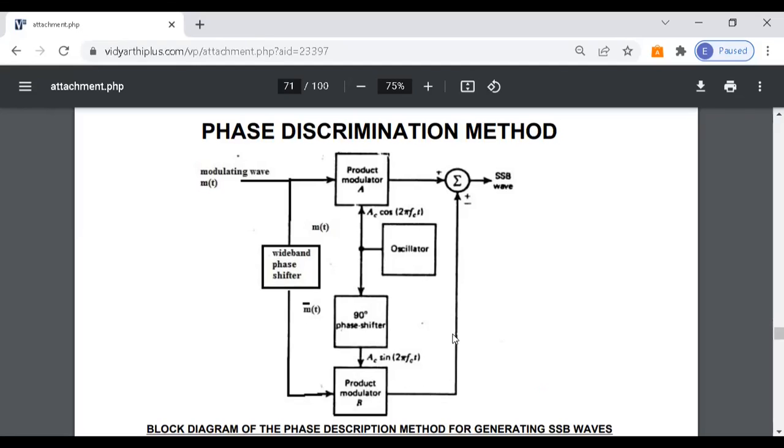All right. Then when we go back here, we sum it. So we get a single sideband which is shifted by a known phase. In this case 90. See if that makes sense to you.